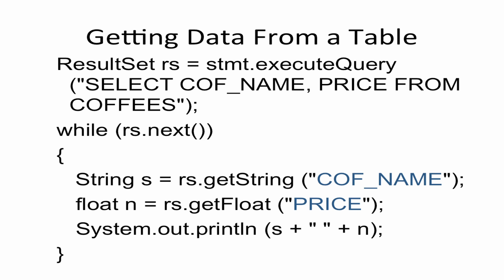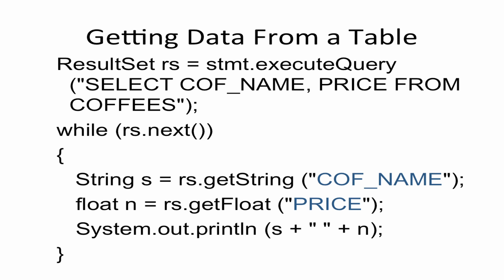So here see again the result set, rs equals statement.executeQuery. In the previous slide we mentioned stmt equals con.createStatement, and now here we are writing executeQuery. So rs equals stmt.executeQuery, and inside the bracket we have mentioned select cof_name, price from coffees table.